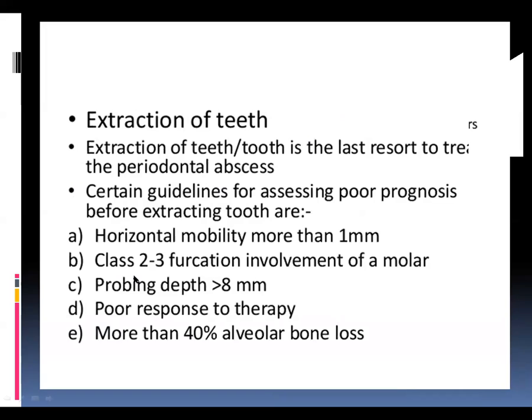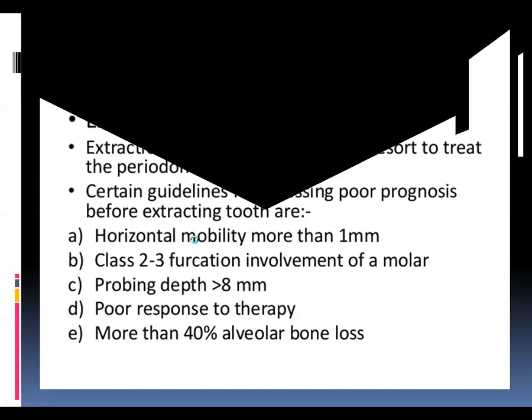When there is class 2 and class 3 furcation involvement of a molar, then go for extraction. When the probing depth is more than 8 millimeters, when there is poor response to therapy, and when there is more than 40% alveolar bone loss, go for extraction of the tooth.